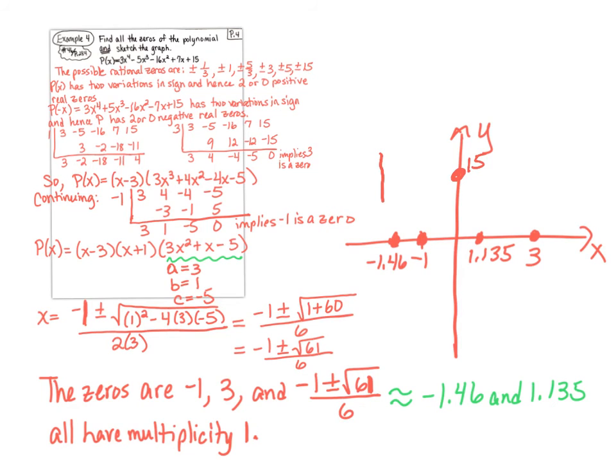Remember, your end behavior was here, so it's going to cross, go back up, cross, and then go back up. That's a sketch of your graph. What questions do you have?